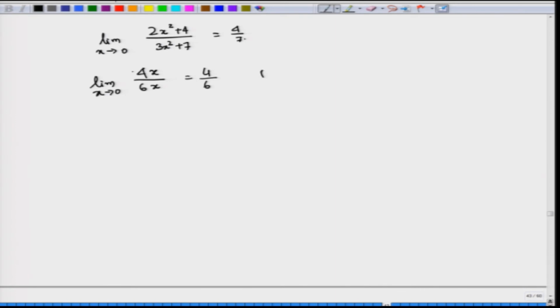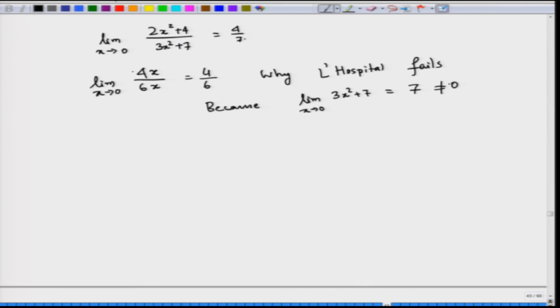Why does L'Hopital fail? Because the limit of g of x, which is 3x squared plus 7, as x goes to 0, is equal to 7, which is not equal to 0. What we want is that g of 0 is equal to 0, f of 0 is equal to 0. So, blindly we cannot apply L'Hopital if it is of the form f by g. We need to ensure that f of x naught is equal to 0 and g of x naught is equal to 0.